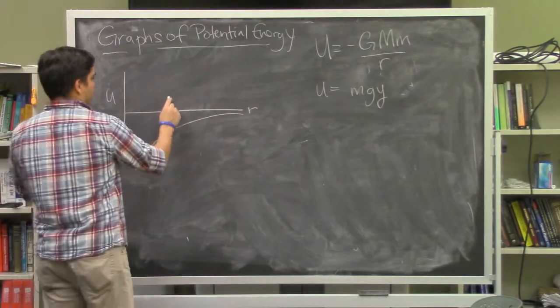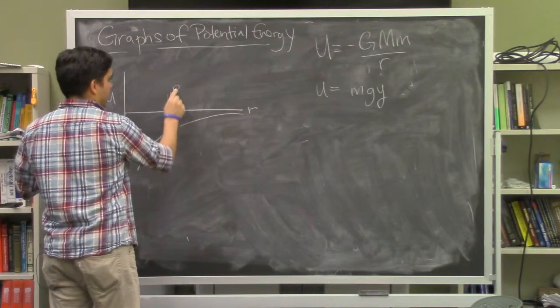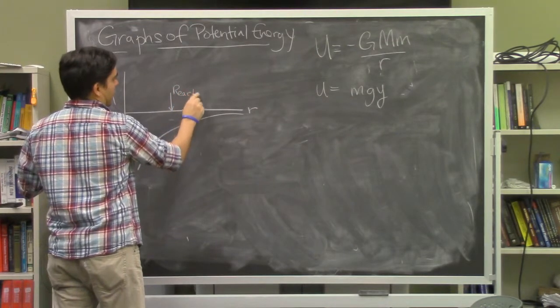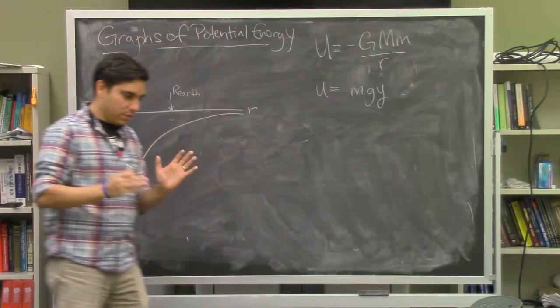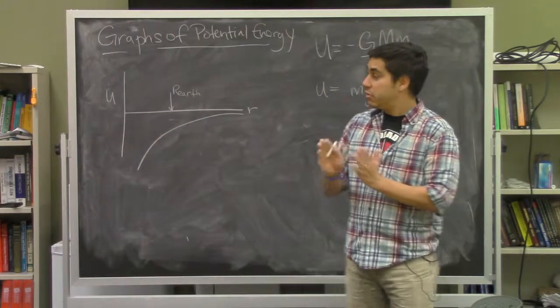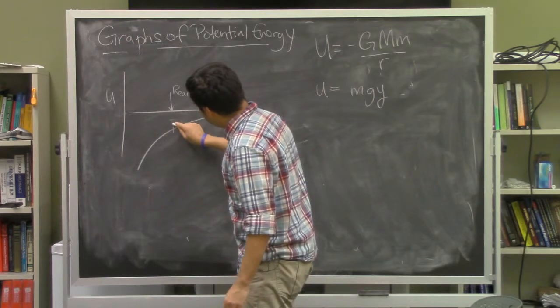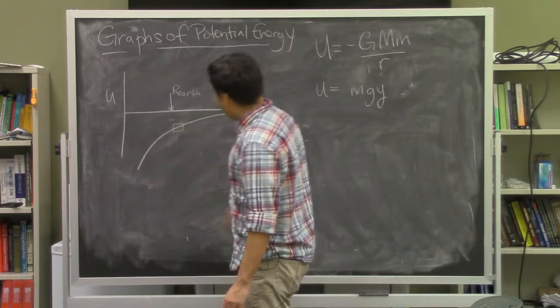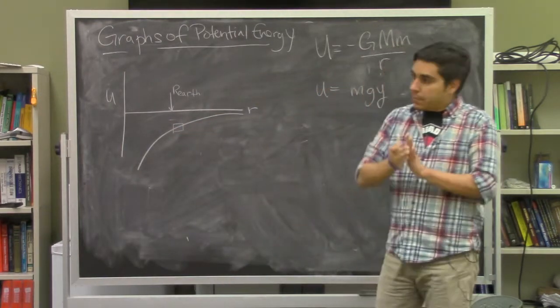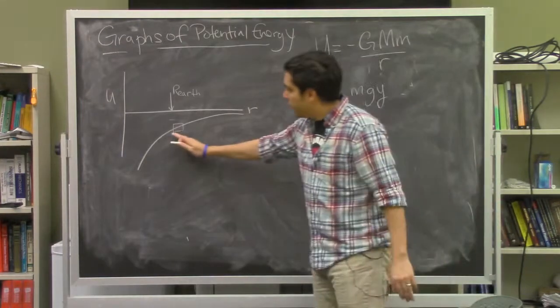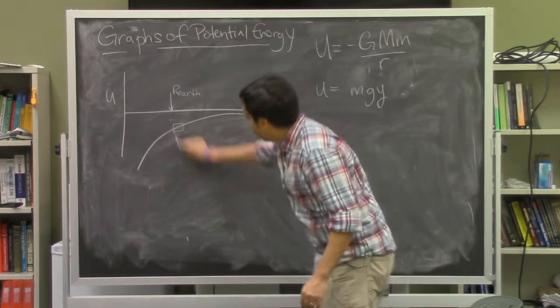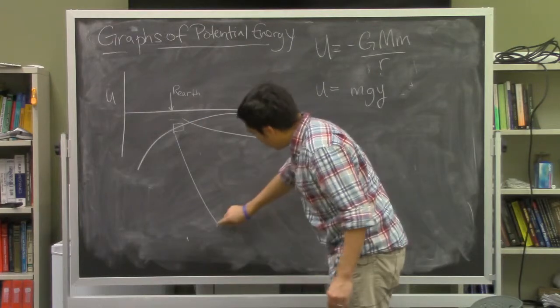Let's consider now that we're close to the radius of the Earth. Let's say the radius of the Earth is roughly here. And so we're considering being very close to that radius. So we're going to take a small window of distance, if you will, like that, right? So just a small portion of the distance above the surface of the Earth. And we're going to blow that up into a big picture.